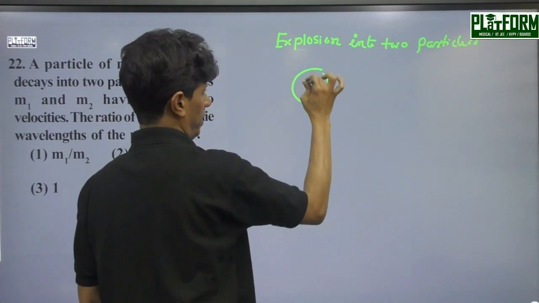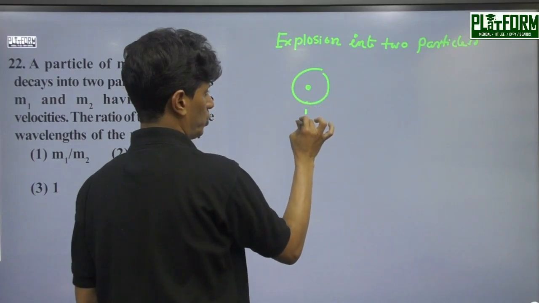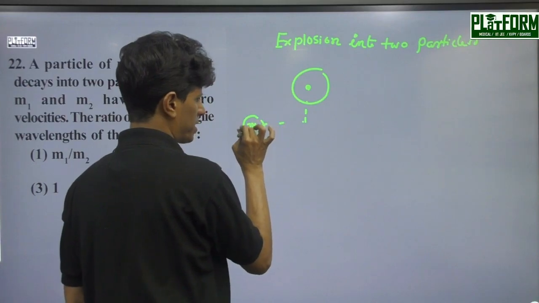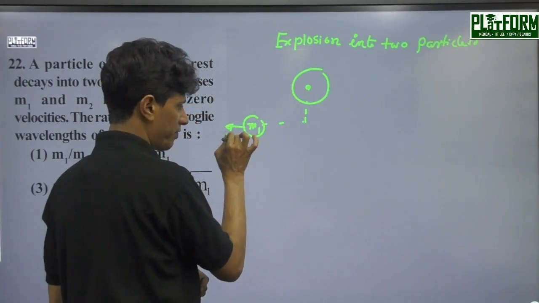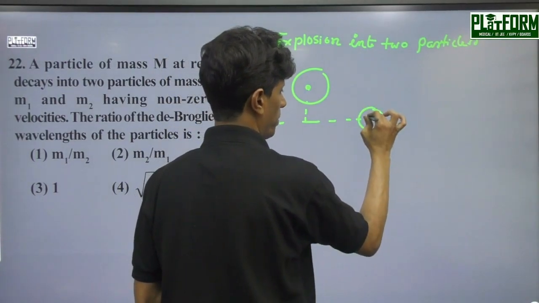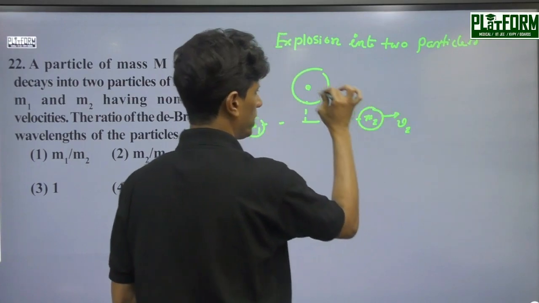One particle explodes into two parts, one having mass m1 and velocity v1, and another part of mass m2 having velocity v2.